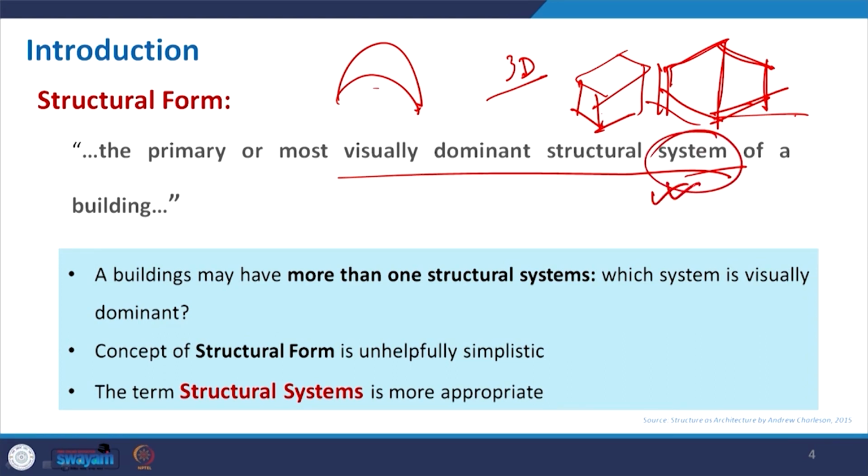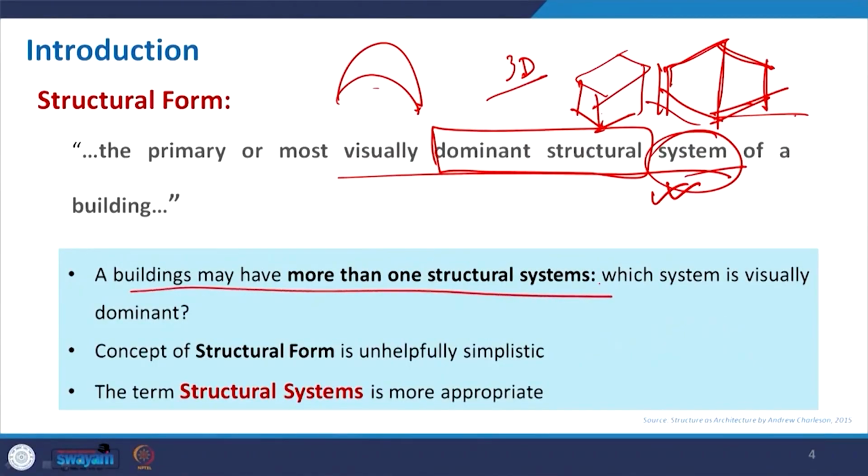Now, here we should be careful. When we say the dominant structure, what exactly? By looking at the building, you will get to know that okay, this structural system is of this kind. But sometimes, even rather in most cases, a building may have more than one structural system. One gives structural stability, another may give some other facilities.